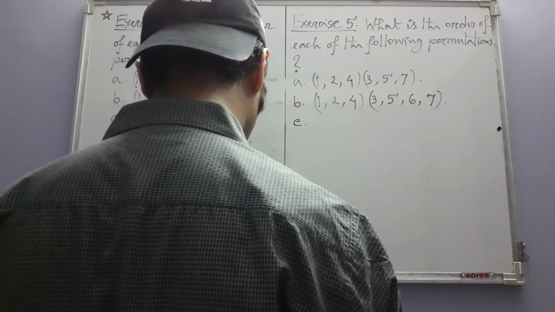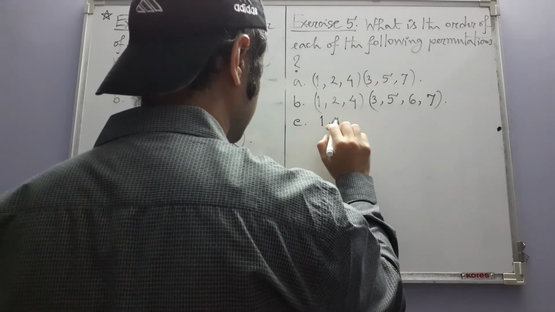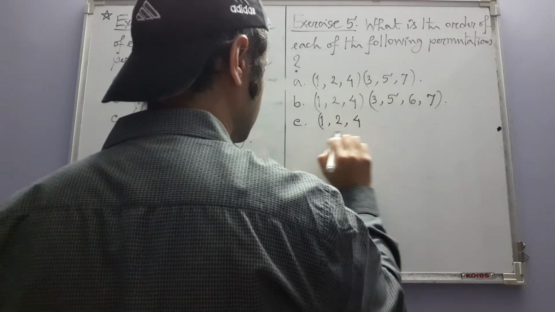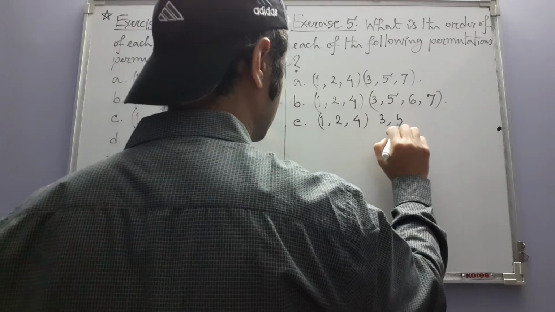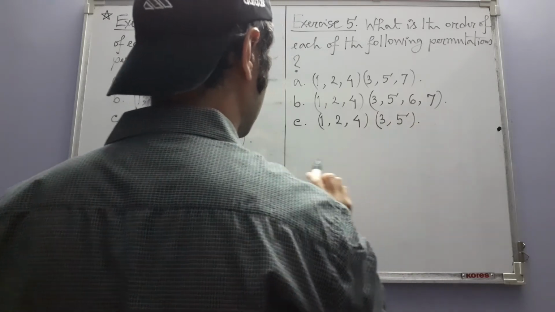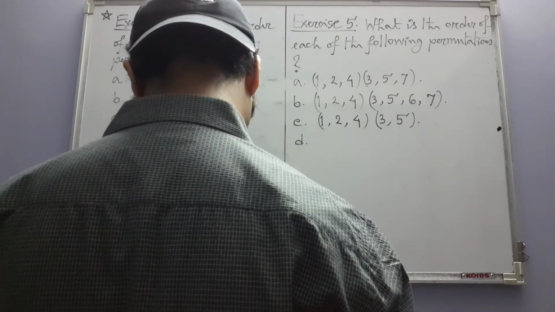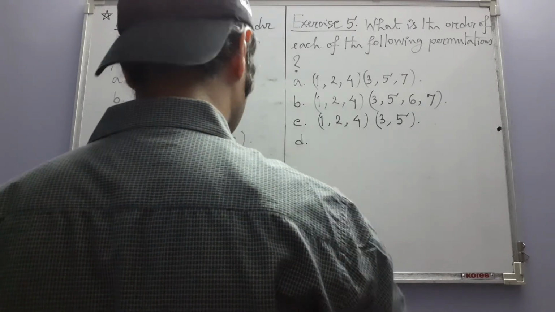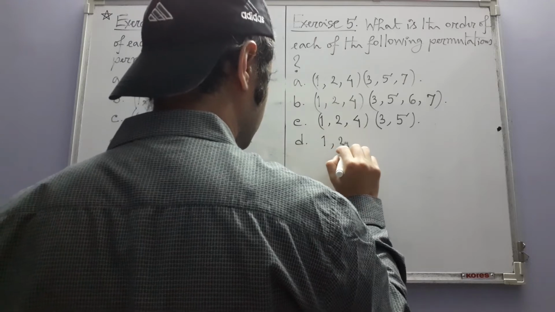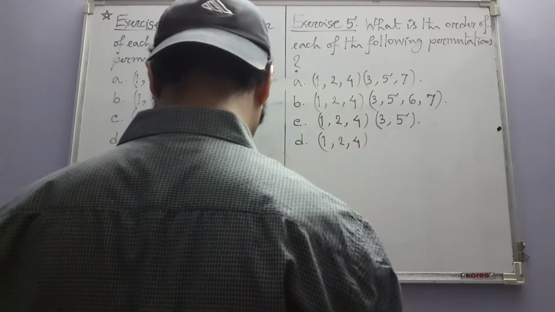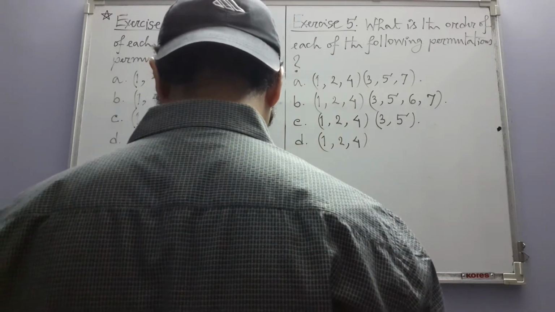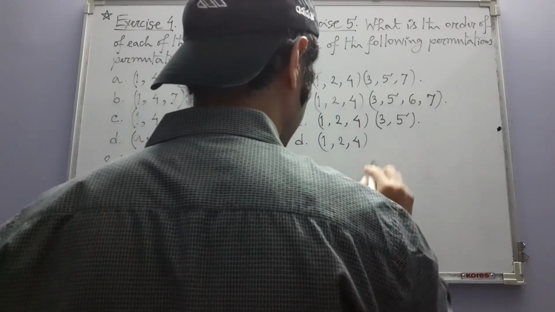C: (1 2 4)(3 5). D: (1 2 4)(3 5 7 8 6 9).